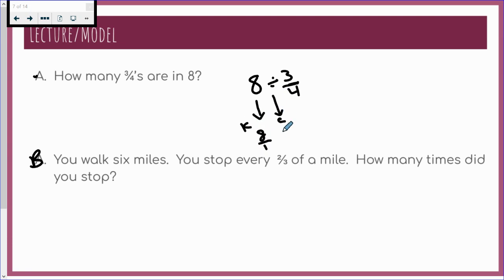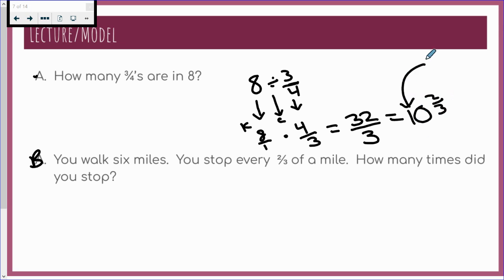We change to multiplication. 3 over 4 becomes 4 over 3. 8 times 4 is 32. 1 times 3 is 3. 3 goes into 32 10 times with 2/3 left over. So there are 10 whole 3/4, so 10 fit completely.